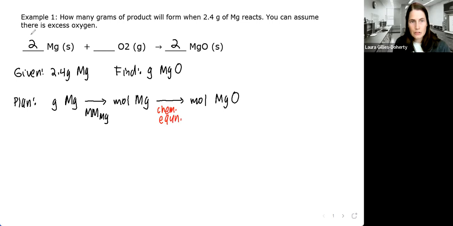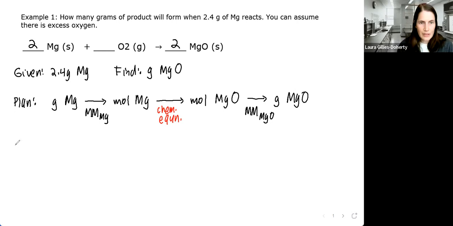So for every 2 moles of magnesium that react, we make 2 moles of magnesium oxide. And then our last step, because this question asked us to find grams of magnesium oxide, is we're going to convert our moles of magnesium oxide to grams of magnesium oxide. And to do that, we're going to use the molar mass of magnesium oxide. Okay, so we've got a plan, so let's start solving.